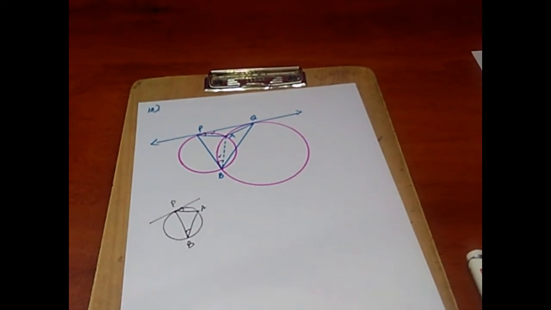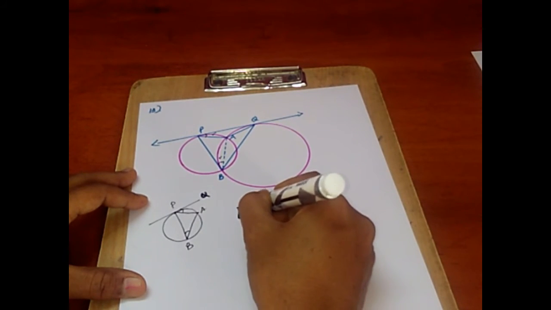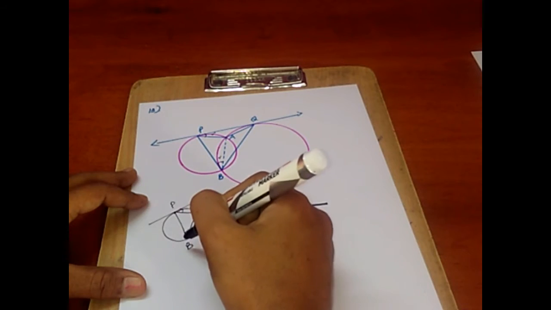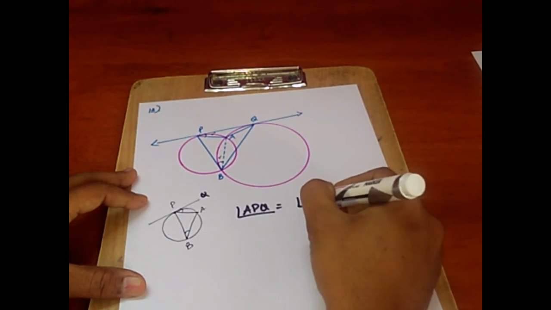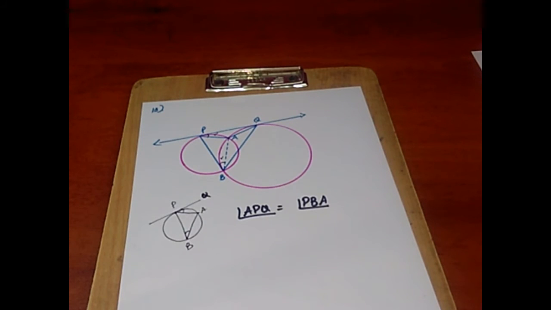So let us write result number 1. What is result number 1? Angle APQ, this is Q, angle APQ is equal to angle PBA. Reason: angle of the alternate segment. Keep that in mind.